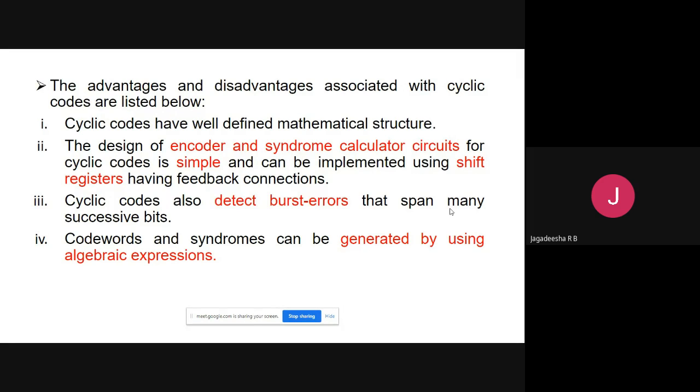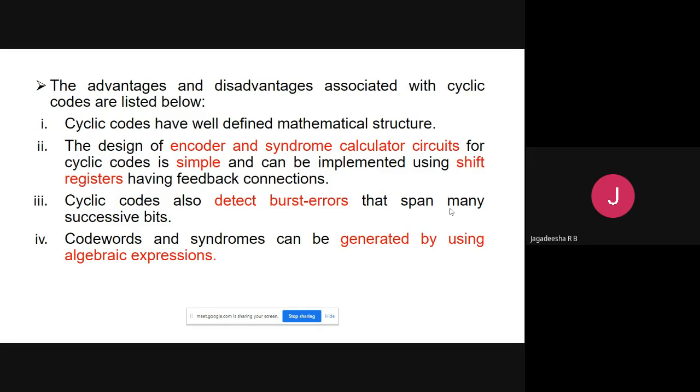Okay, what benefit do we have with the linear cyclic property of cyclic codes? First, cyclic codes have a well-defined mathematical structure. So this can be easily represented in the algebraic form, the polynomial form that we saw previously. That's a benefit, and it also has some other mathematical structures.